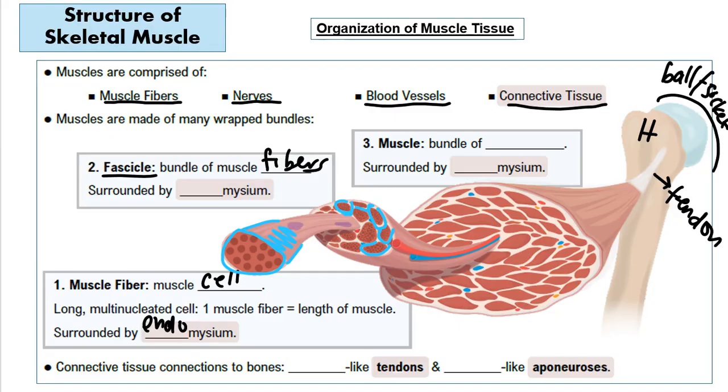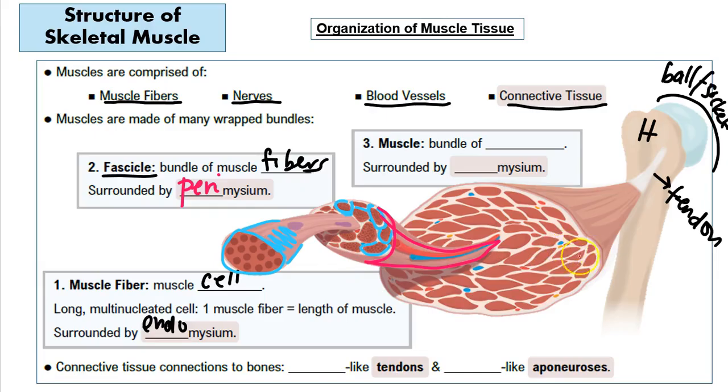Okay? Now guess what, folks? A bundle of muscle fibers also has its own connective tissue surrounding it. So if one single muscle fiber is going to be surrounded by endomysium, and a bundle of them internally are going to be surrounded by endomysium, this whole bundle is now surrounded by perimysium. Okay? So this whole little piece here is going to be perimysium.